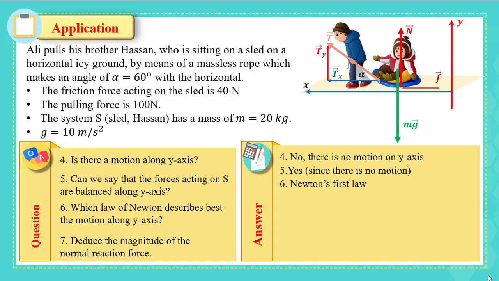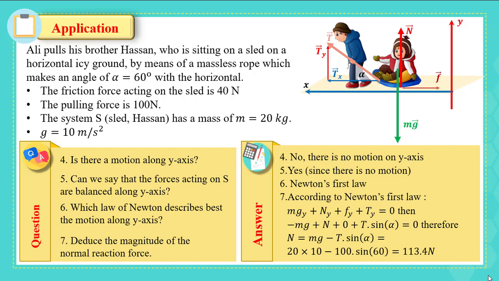They said deduce. It means that the previous questions will help us. Actually, the normal force is along Y-axis. And we said that along Y-axis there is no motion and we can apply Newton's first law.